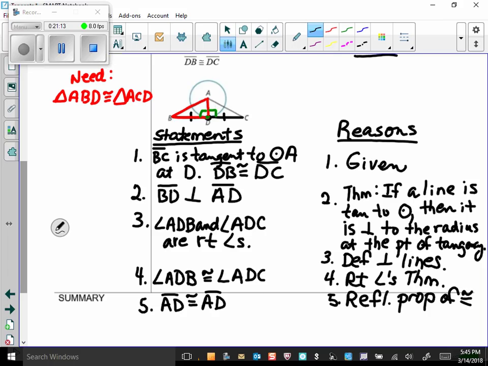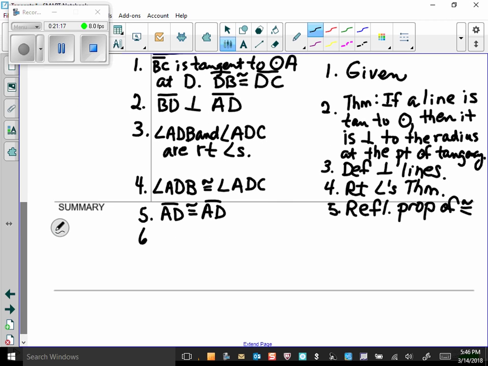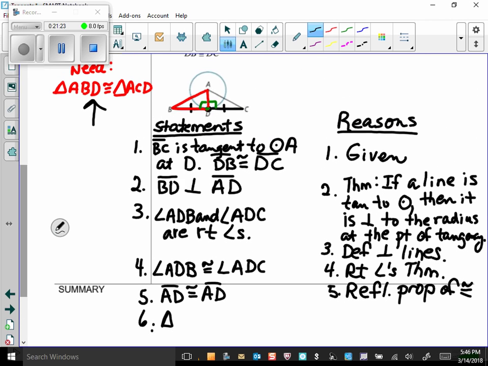And now I can come up here and grab that. That's what I needed to get to all along. And that is that triangle ABD is congruent to triangle ACD. And how do I know that? Because of the side angle side congruence theorem.